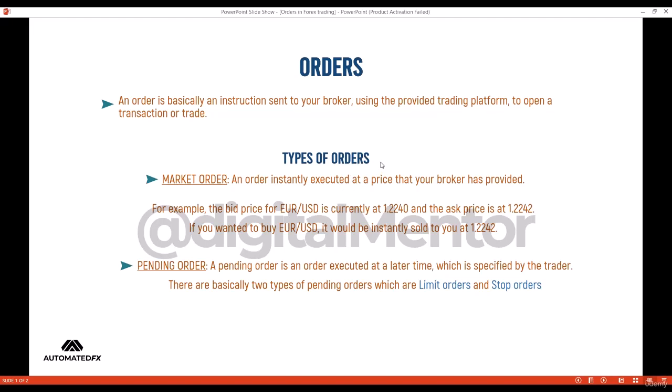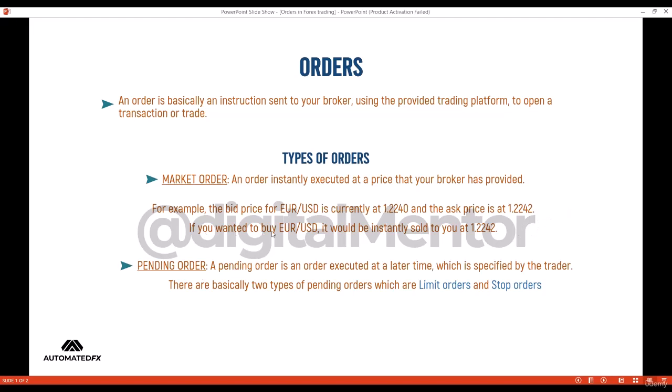Okay, so what are the types of order? There are basically two types of order. We have the market order and we have the pending order. A market order is an order instantly executed at the price that your broker has provided. For example, the bid price for Euro USD is currently at 1.2240 and the ask price is at 1.2242.